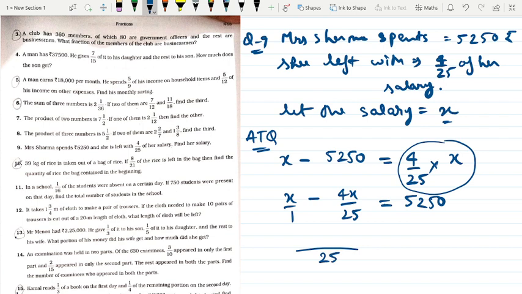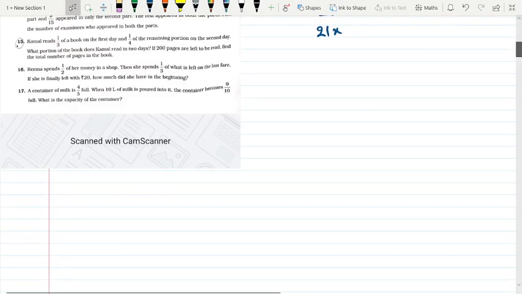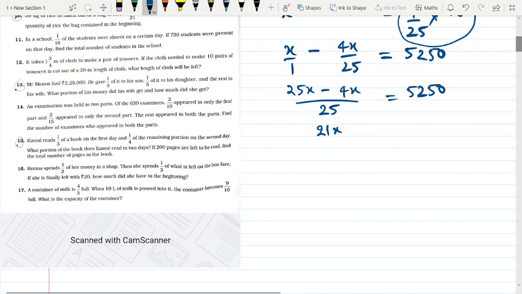So for 25, we will take the LCM. 1 into 25, 25x will come here, minus 4x will come here, 5250. So 25x minus 4x, it will come 21x upon 25 equal to 5250.